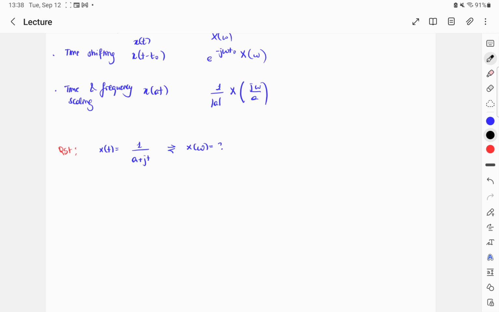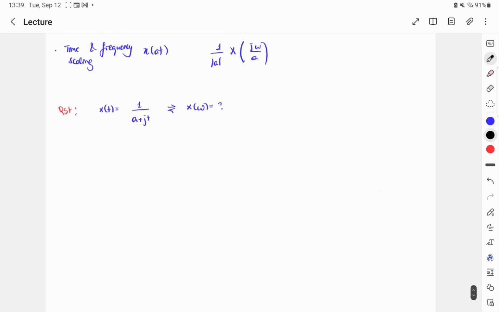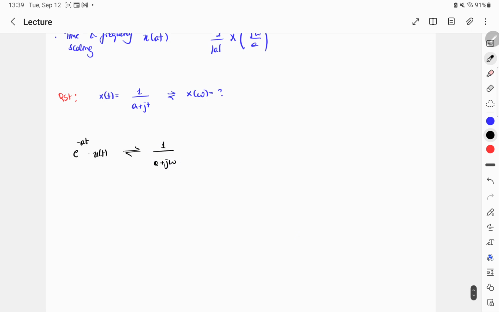Previously, in our previous videos, we have already computed the Fourier transform of an exponential, which is e to the power of negative at times u(t), which represents the unit step function, and it was in fact the same expression. So let me illustrate it like this: e to the power of minus at times u(t), and its Fourier transform was this one. And now we are asked for the Fourier transform of this.